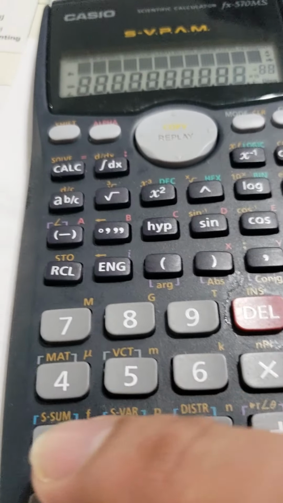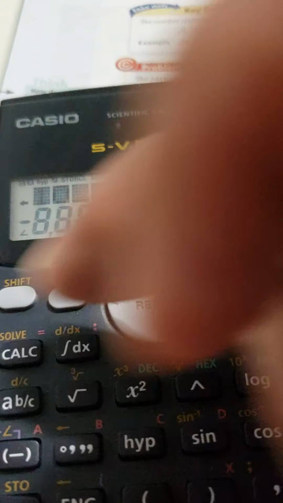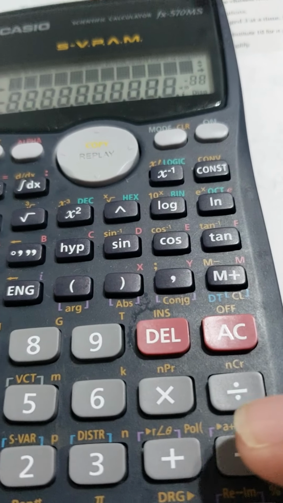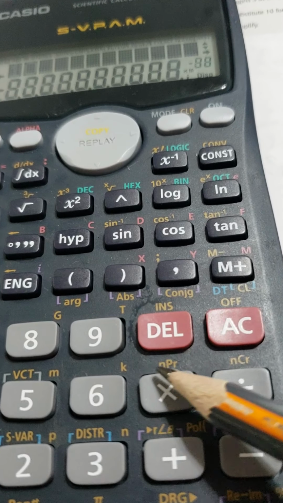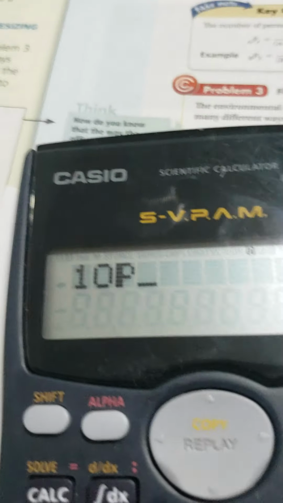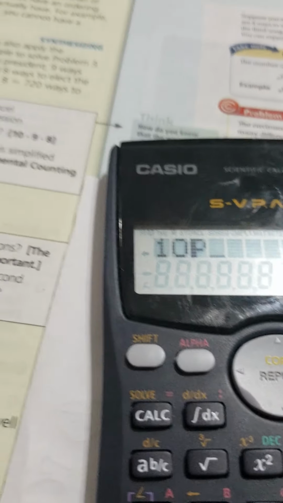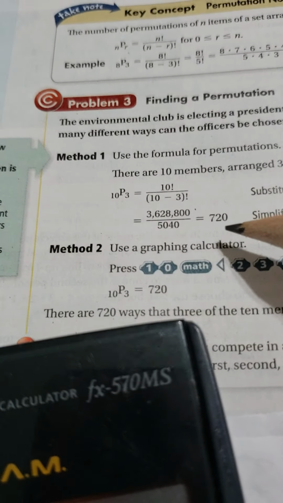We write 10, and in my calculator the key is in this place. Notice, it is nPr. We use this. Now there's a P there, and write 3. And that is 720. The same number that we have.